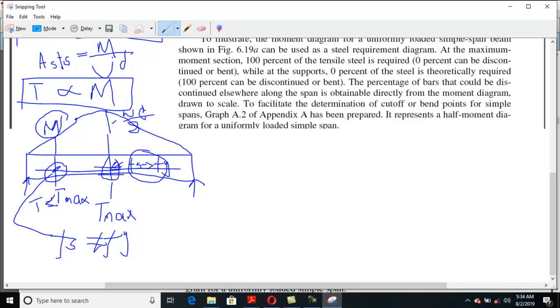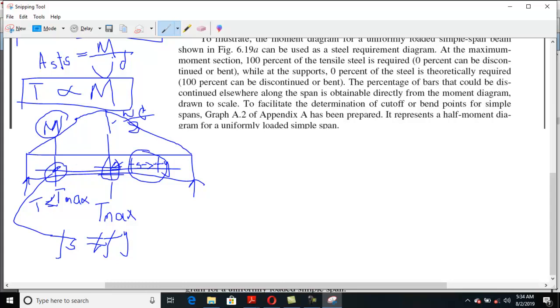Is less. If you want these bars to yield at this point, you need a little bit different approach.